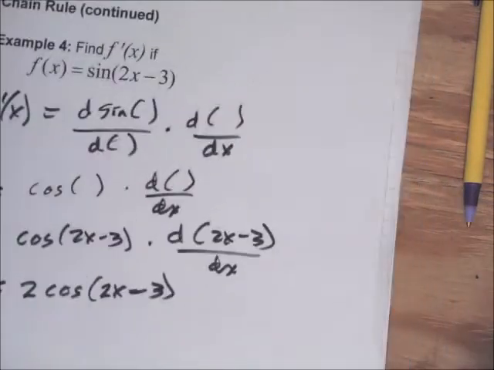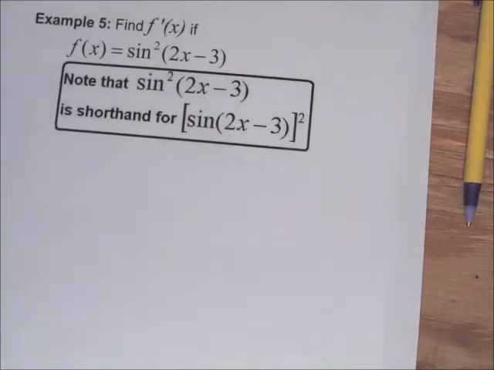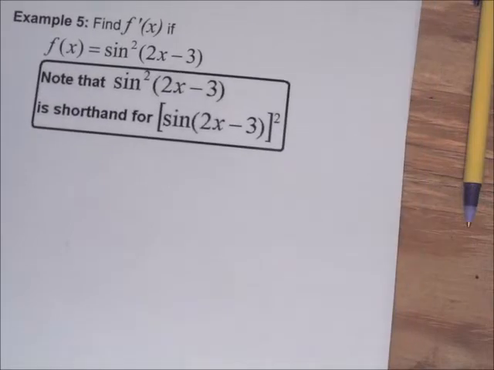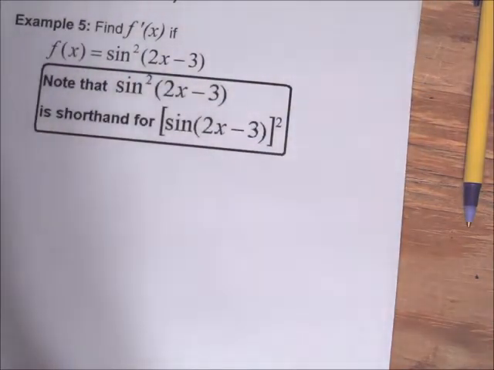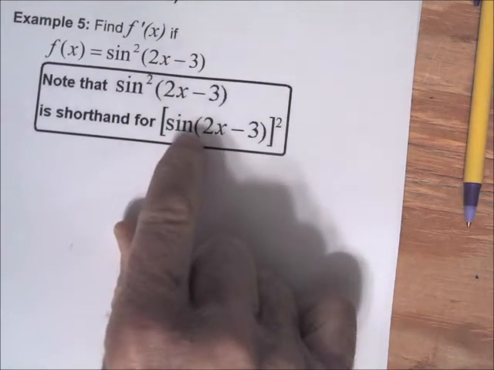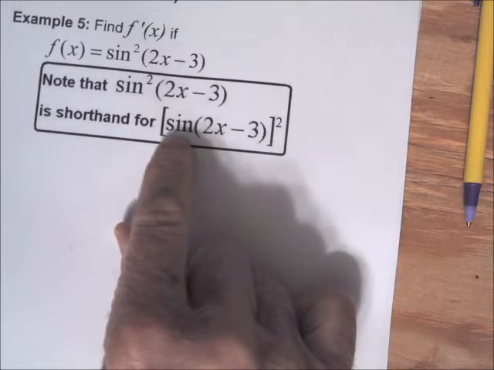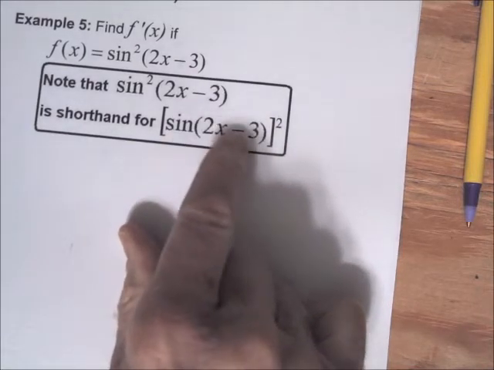In this next example, we actually have not just an inside and an outside, but we have an inside, an outside, and a middle function. So f of x is sine squared of 2x minus 3, and this is actually a shorthand notation for sine of 2x minus 3 and the whole thing to the second power.